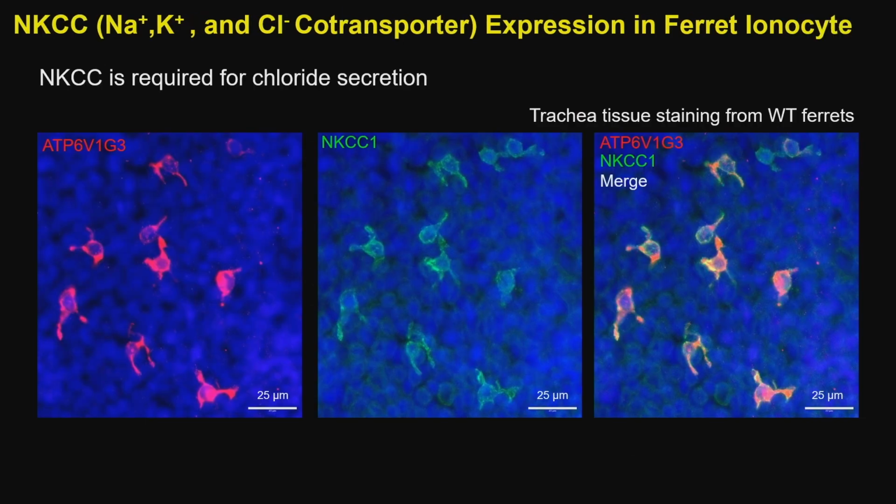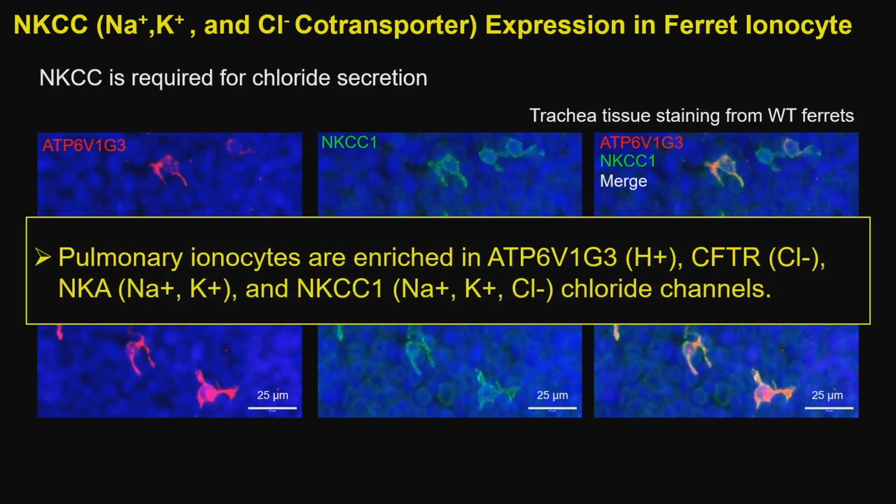The other channel is the sodium-potassium-chloride co-transporter, which we call NKCC, which is required for chloride secretion. Here we looked at NKCC expression at the protein level using immunofluorescence staining. We found good colocalization of NKCC1 and ATP6V1G3 in pulmonary ionocytes in wild-type ferrets.